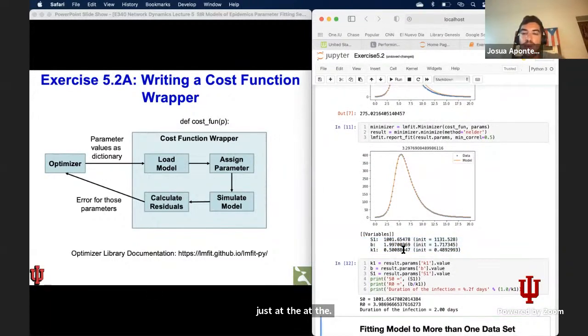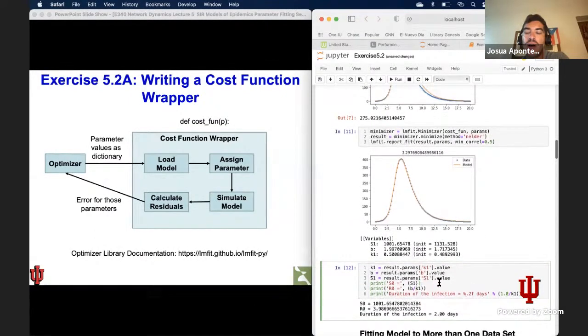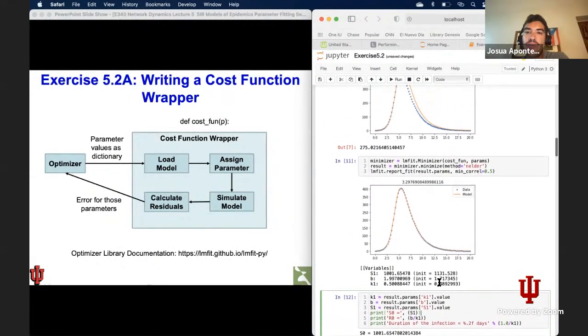And once we have these parameters, we can again estimate what R naught is because we have beta and mu. And now we have an estimate of R naught that is 4, which is much closer to the actual number based on the ground truth.